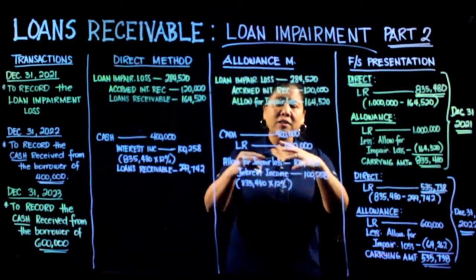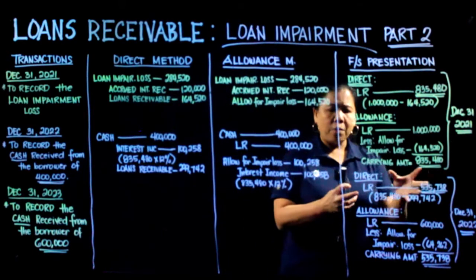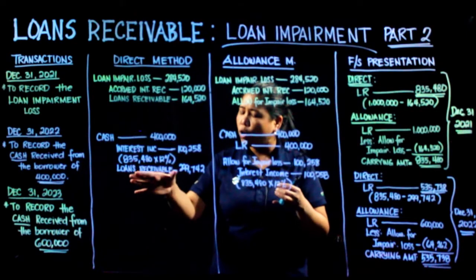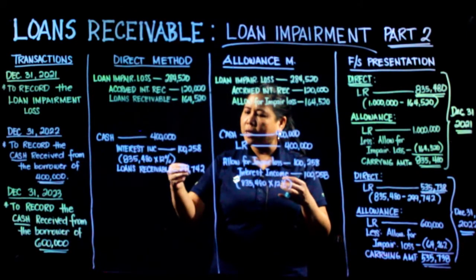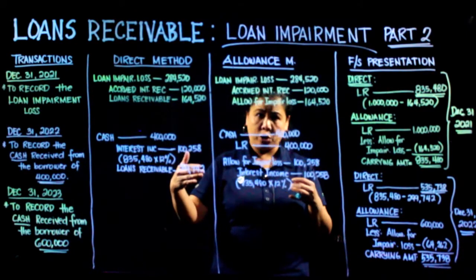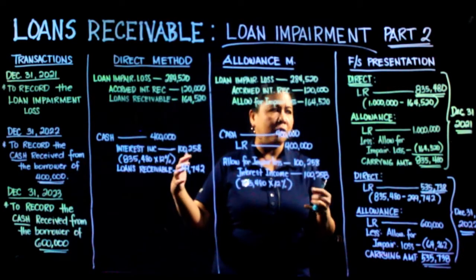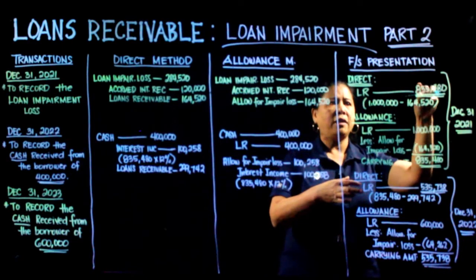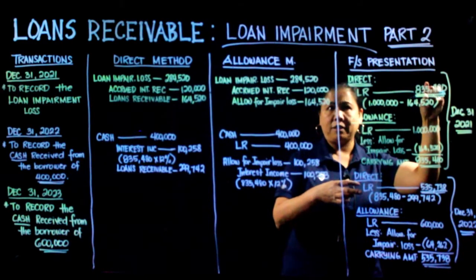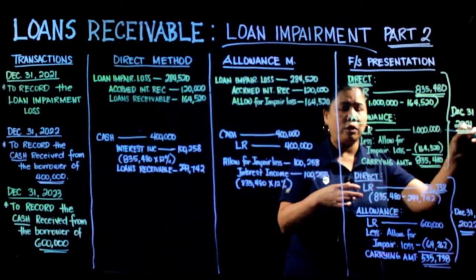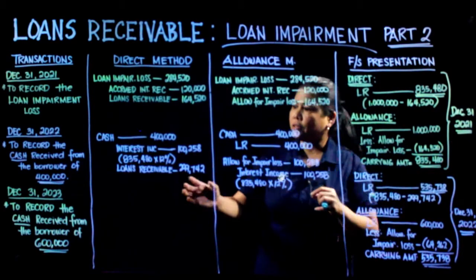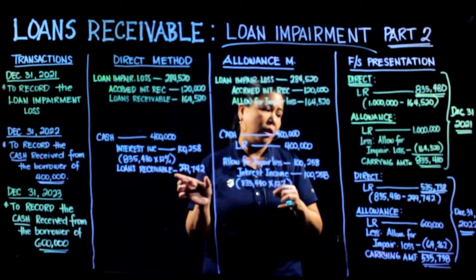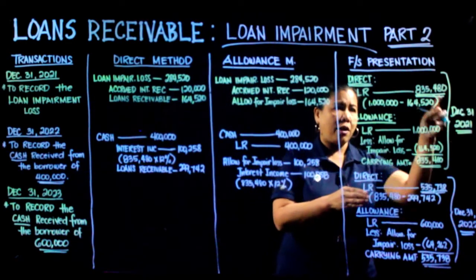Alright? Yung allowance for impairment loss, parang tinago natin dyan, yung i-recognize nating interest income for year 2022 at year 2023. Paano natin i-present ito? For direct methods, so sa direct method, nag-credit tayo ng loans receivable na 299,742. Alright? Binawasan natin. So, kung meron tayong carrying amounts sa direct method na 835,480 noong December 2021 at nag-credit tayo ng 299,740, ibabawas natin yan sa carrying amount.